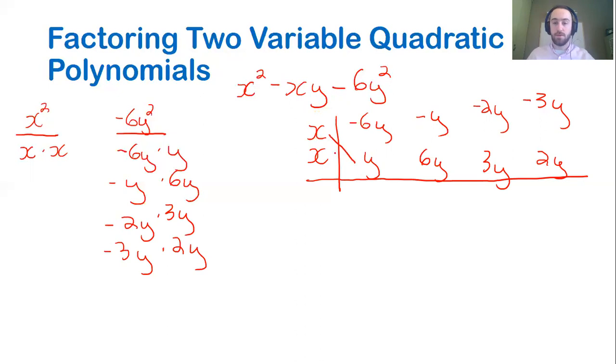So here, our first multiplication, we have xy minus 6xy. Doing the addition, we get negative 5xy. That does not equal our middle term, so we have to continue.